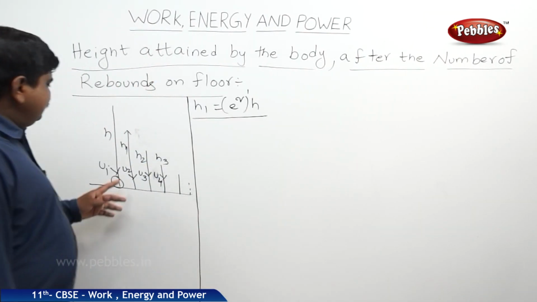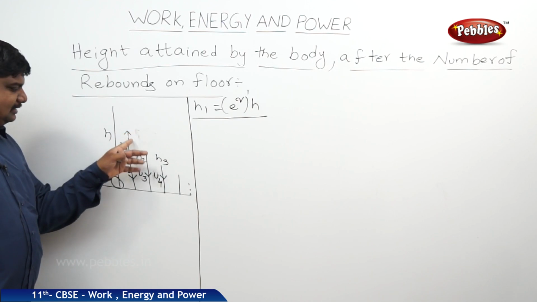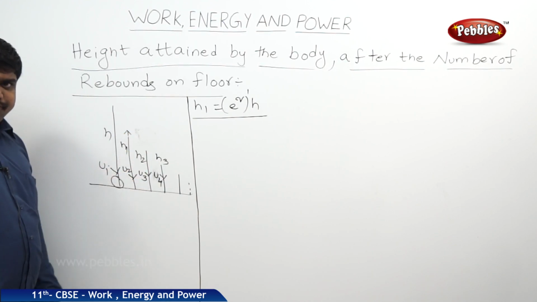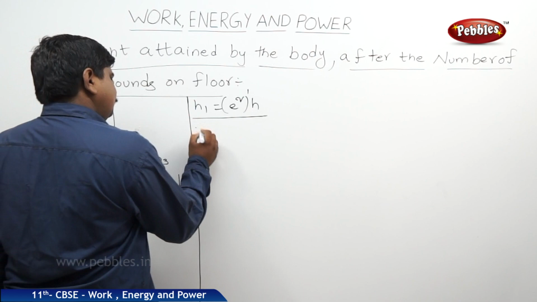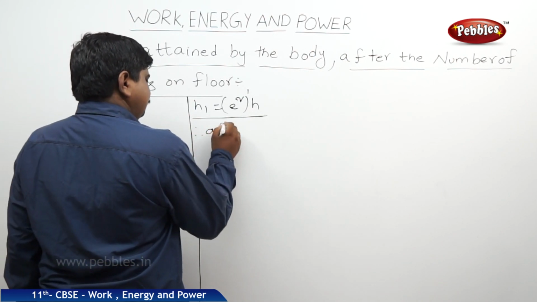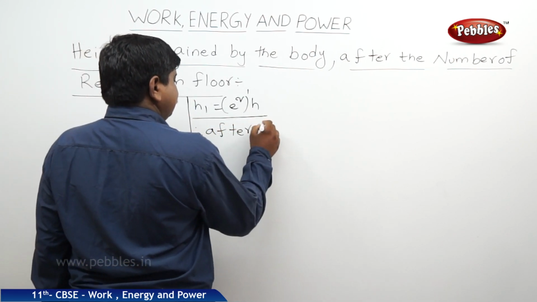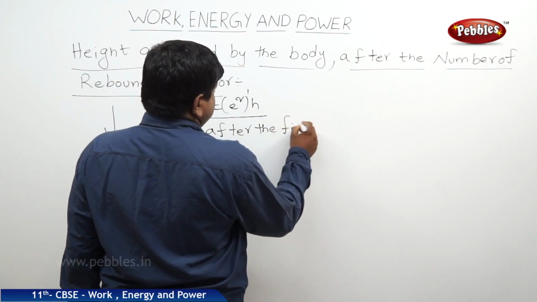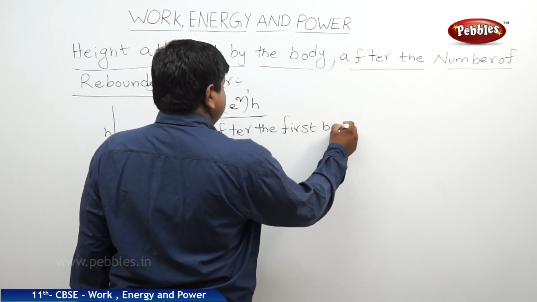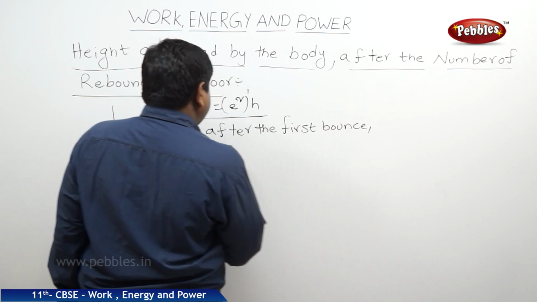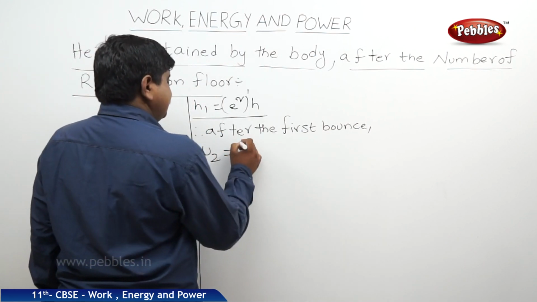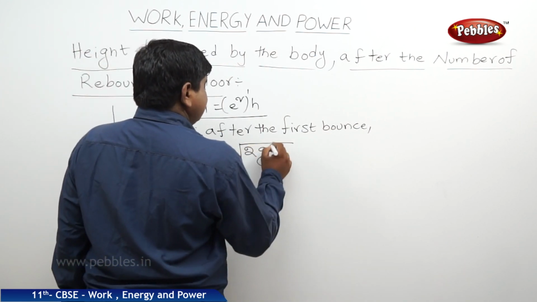So after the height reached h1, it is releasing with the velocity u2. So after the first bounce, velocity changes to u2 equal to square root of 2gh1.